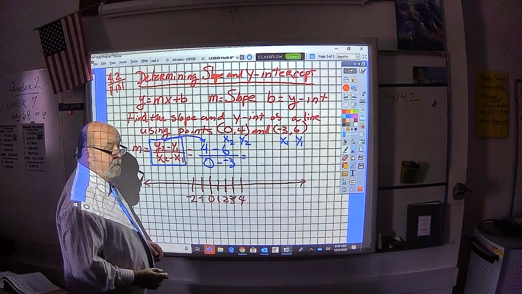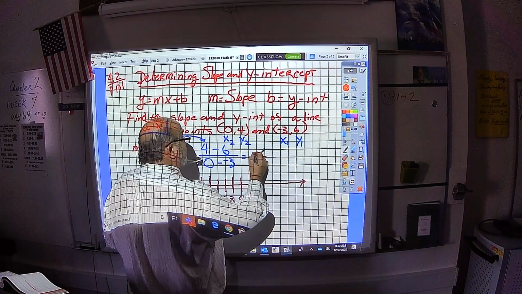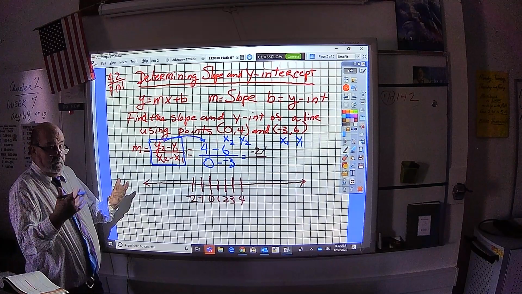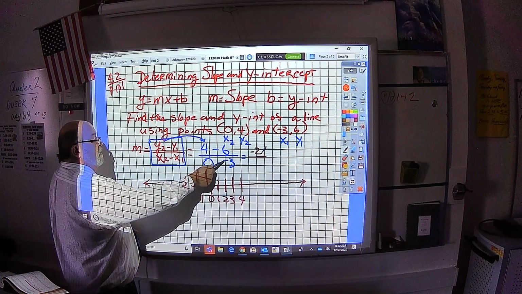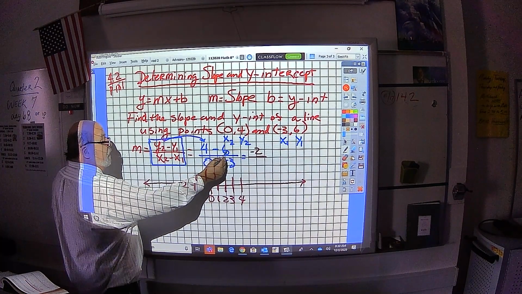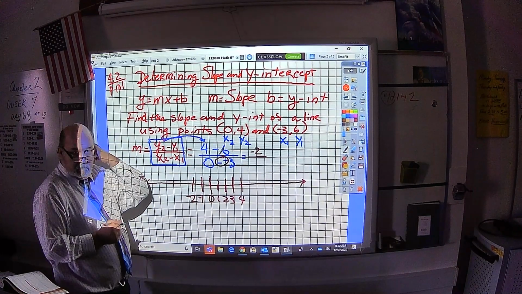So you can probably manage this with the calculator. So on the top we say -2 divided by what? Well, here we go. I'm going to go 0 minus -3, right? This should be easy for you to see, 0 plus 3.